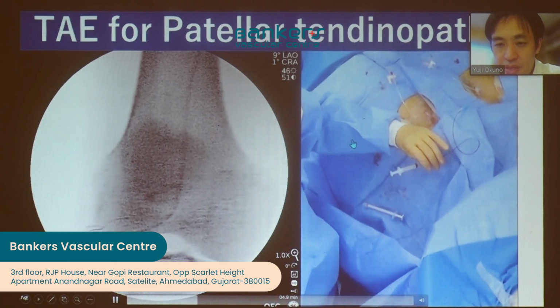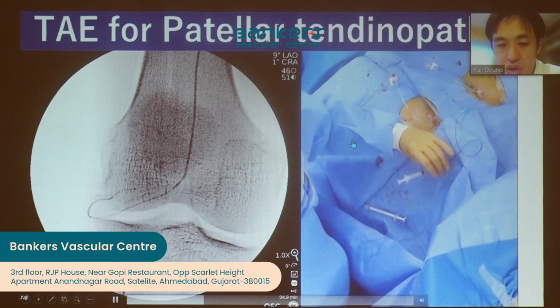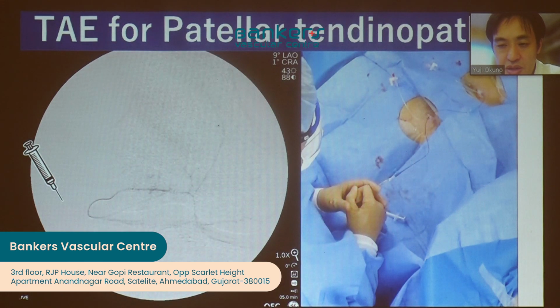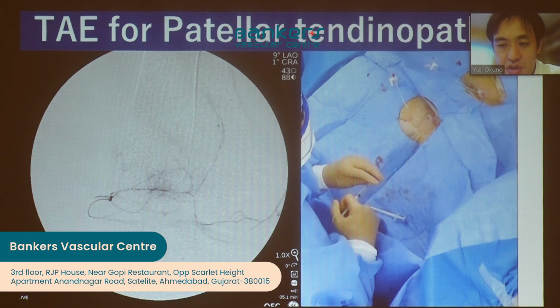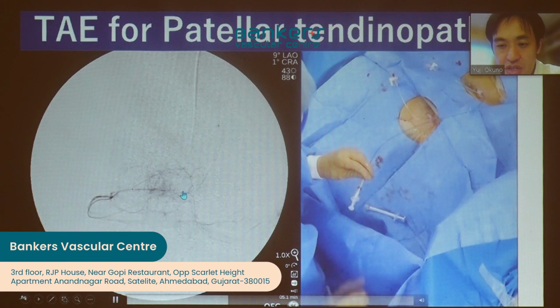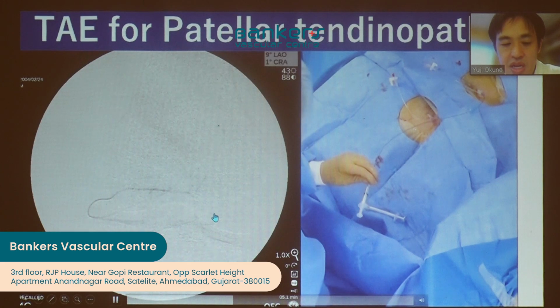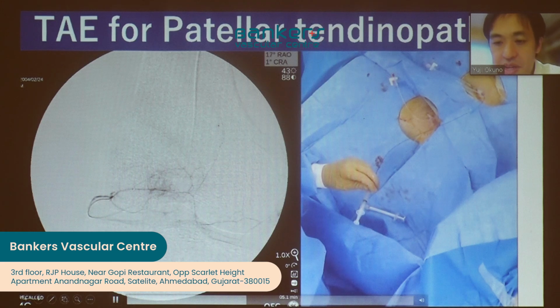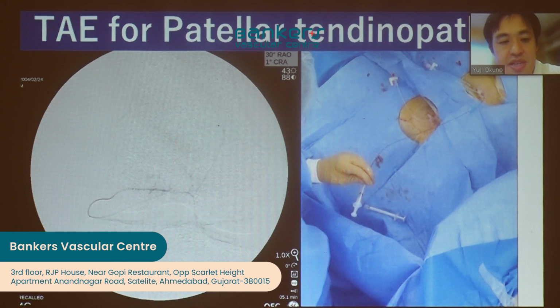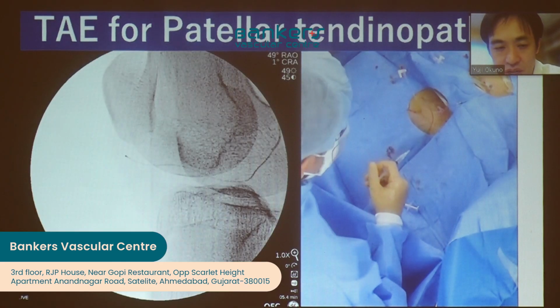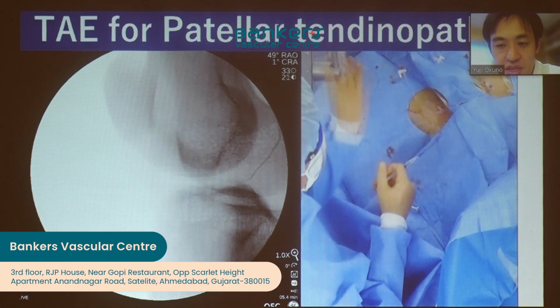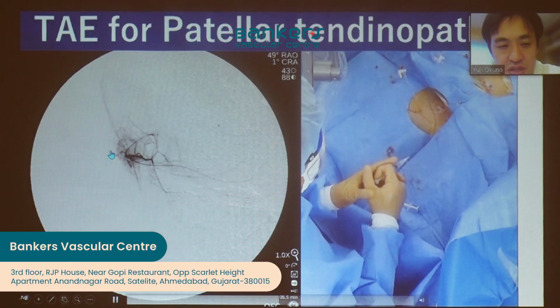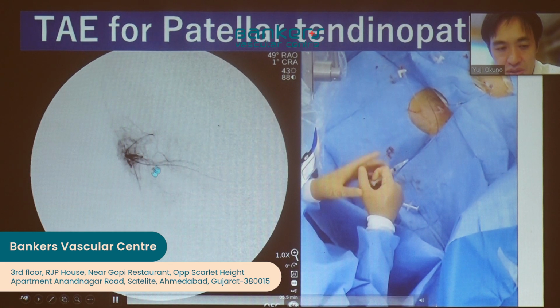And we perform the angiography from here. This is angiography, and we can see the brush here. And we change the direction from AP view to lateral view. And this is a lateral view angiography. You can easily see the abnormal brush here.